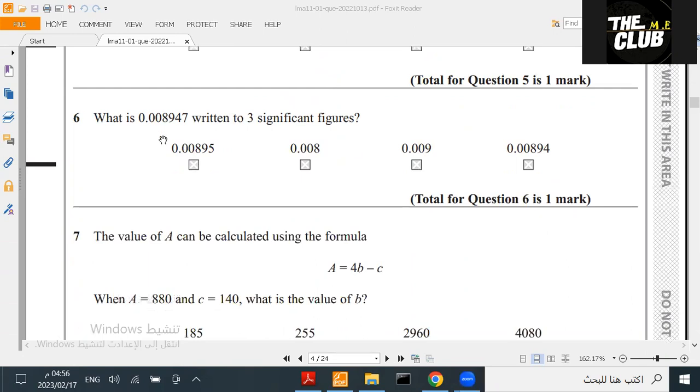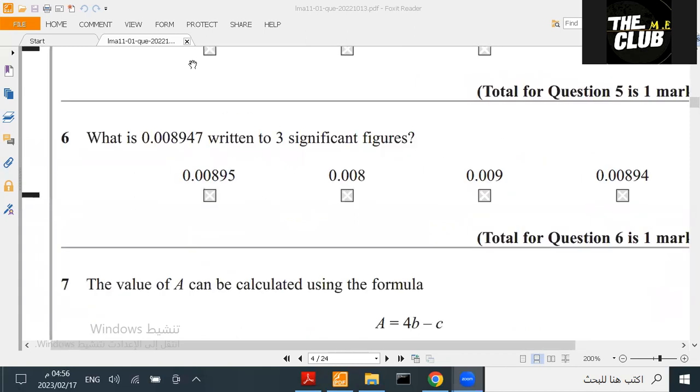Question 6. What is this number written to 3 significant figures? It means you count 3 numbers, but you don't start with the zeros. Let me zoom.